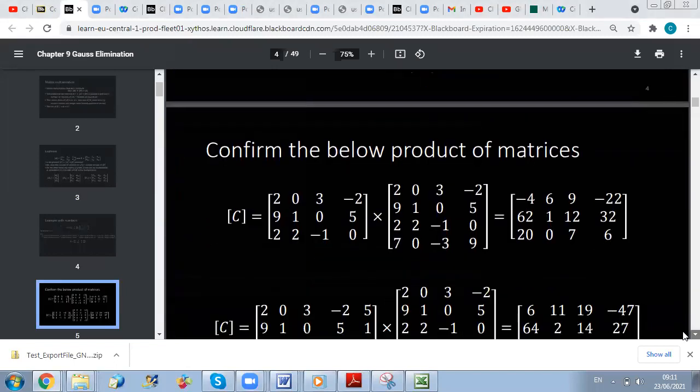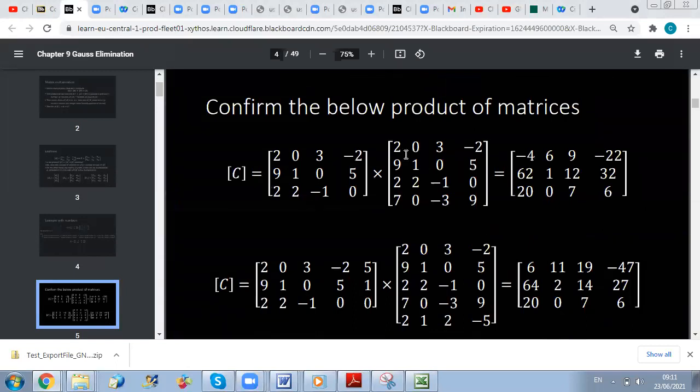Now we can practice matrix multiplication. Here, for example, the first rule is satisfied: the number of columns of the first matrix is equal to the number of rows of the second.